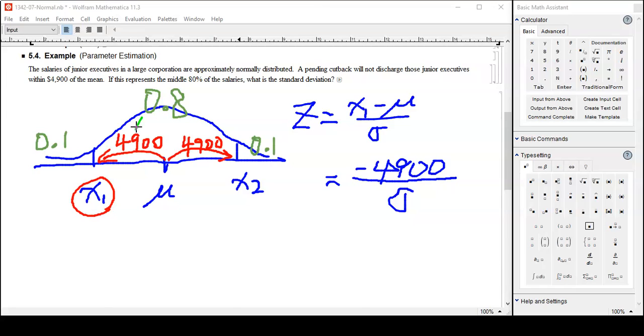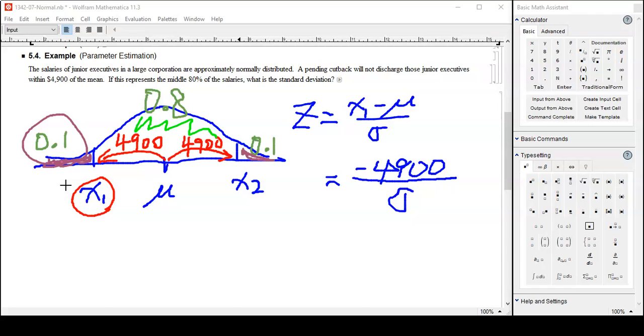So 80% in the middle, 10% here, 10% there. I'm focusing on the left-hand side, so I have to look at this. If I focus on the right-hand side, I have to look at that, but I decided to use the left one.